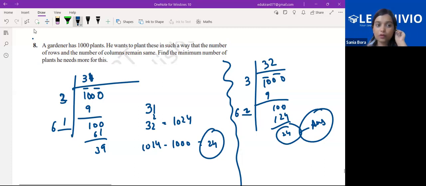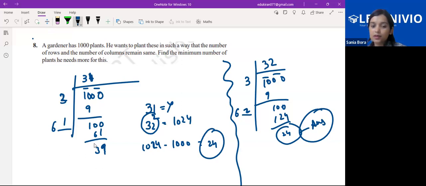After you got 39, how do you solve it further? Can you explain it? How you got 24 from 39? Of course, this is not a perfect square. 31 is not a perfect square of 1000, right? So 31 is not possible. So I will take another number. The next number after 31 is 32, right? So I did the square of 32, which is 1024. 1024 subtracted by 1000, I got 24. 1000 plus 39, the remainder.